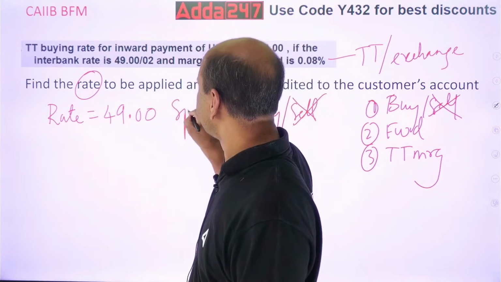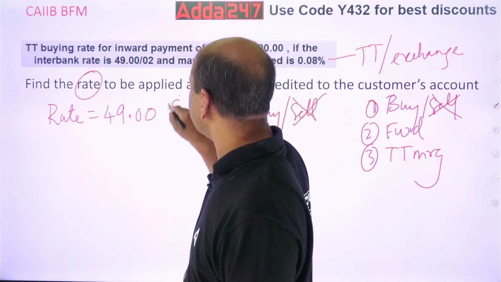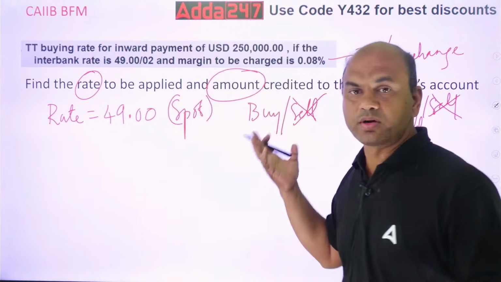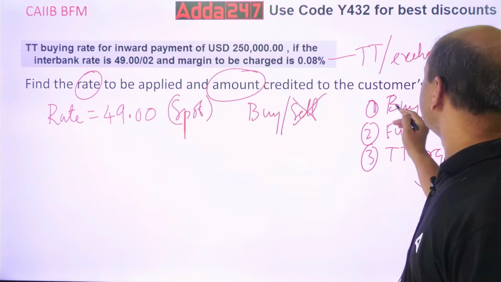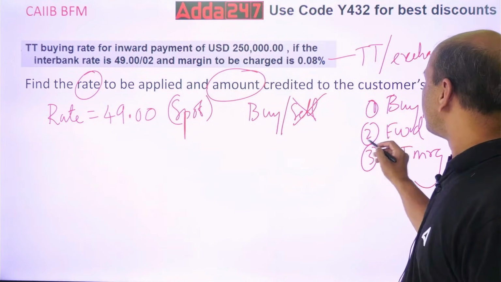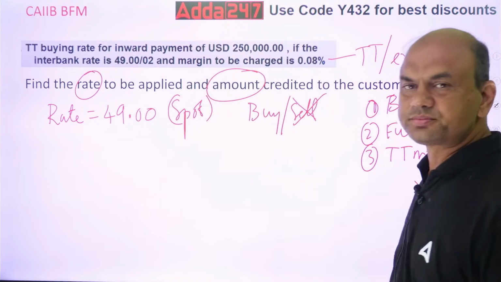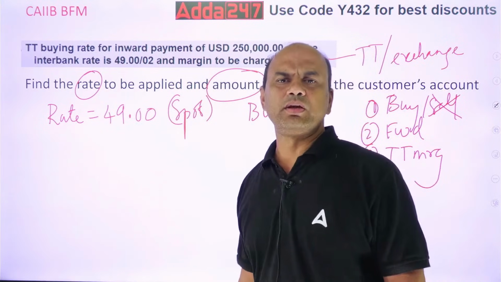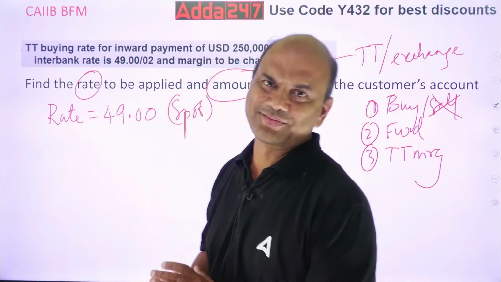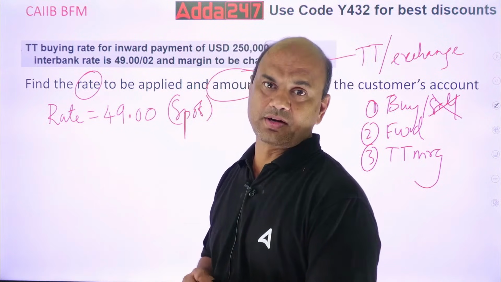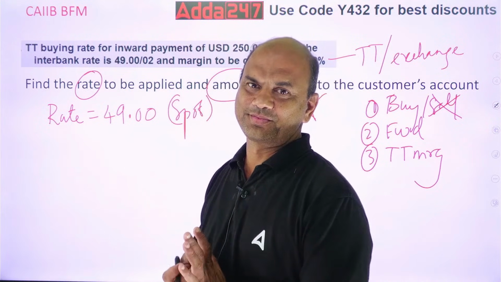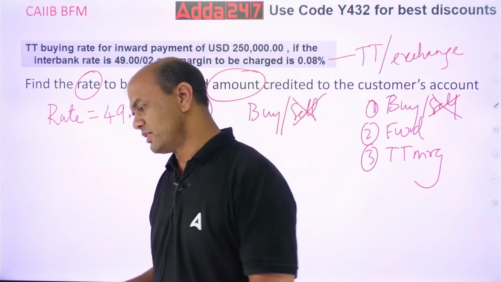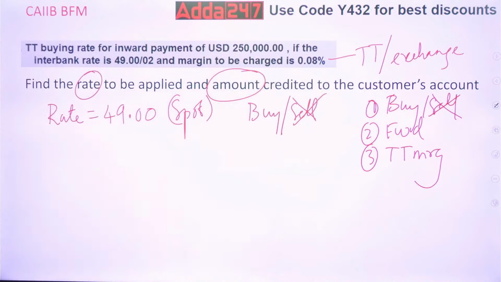But what about the forward? Where is the forward rate? Buy or sell, done. What about the forward rate? Who can tell me what is the forward rate over here? Which one will I take as a forward rate? Think, everyone think.